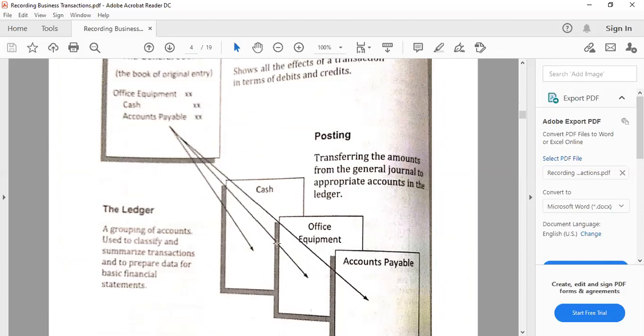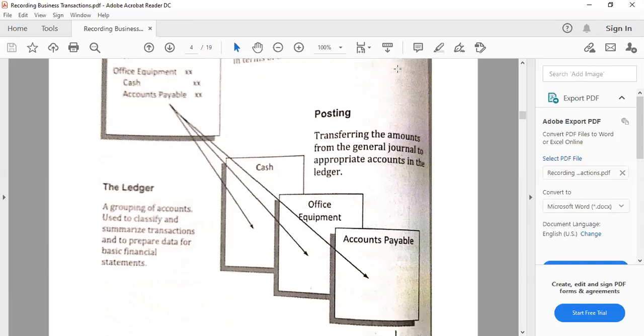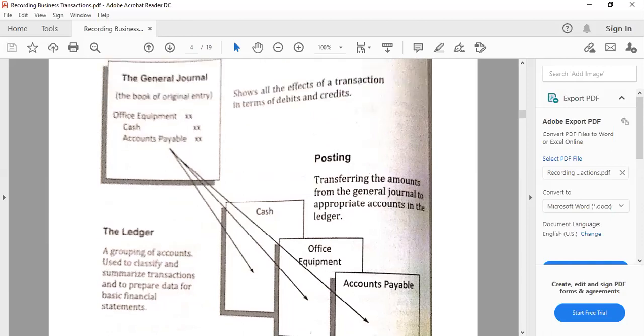And then we are going to place whatever accounts are affected and the amounts. For example, office equipment, that's the debit, so we place that to the debit of office equipment. Cash is credit, and accounts payable will be placed as credit. And the process of doing this, the transferring of the amounts from the general journal to the ledger, highlighting the appropriate accounts, is called posting.